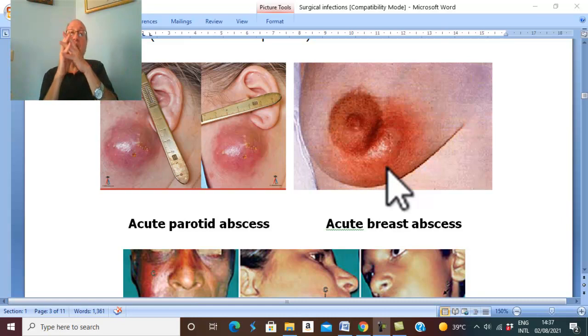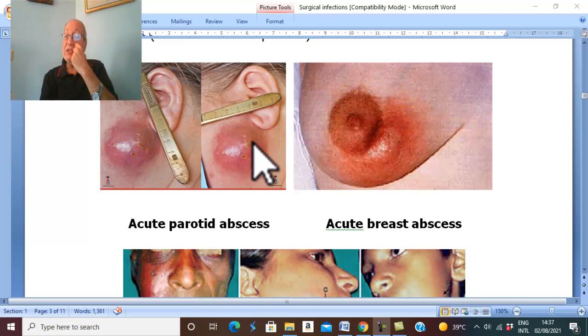Sure, the incision should be parallel to important structures, like a radial incision parallel to the lactiferous ducts in breast abscess, or in deep incision.